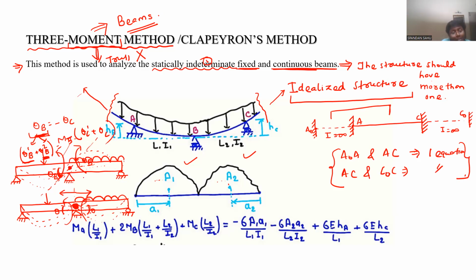Theta c1 comes due to the external load on the primary structure, and theta c2 is due to what? The unit moment you have given as a redundant.